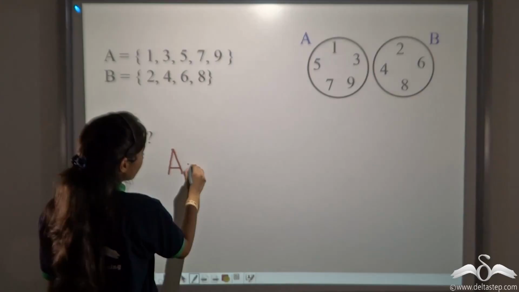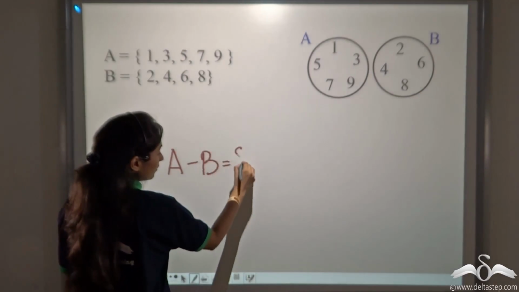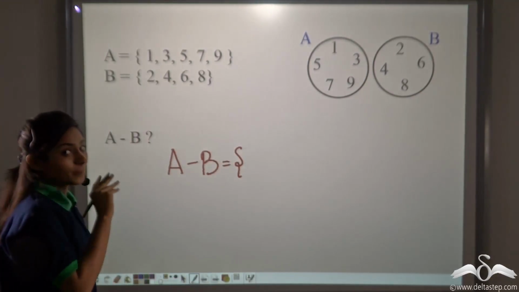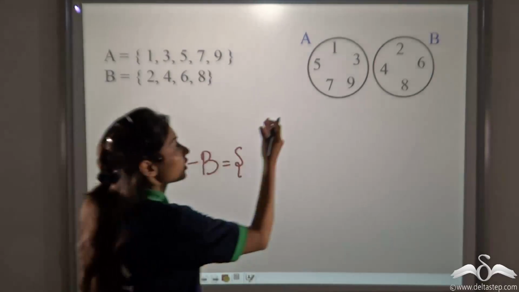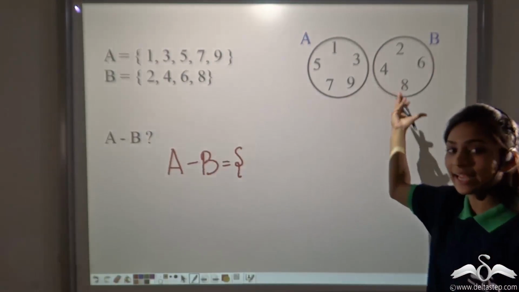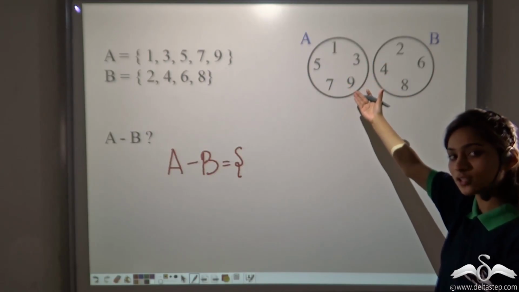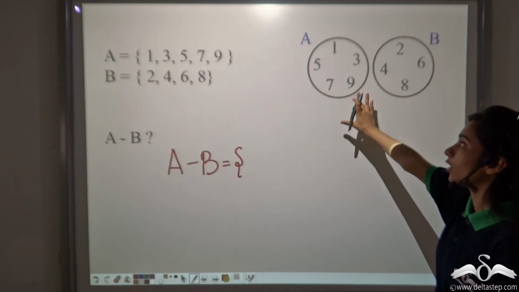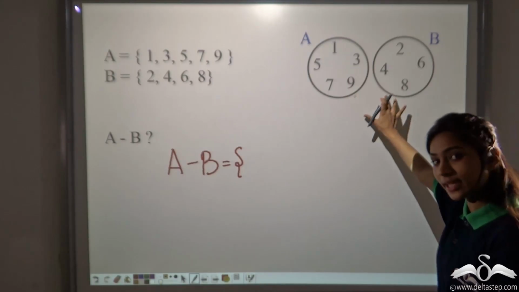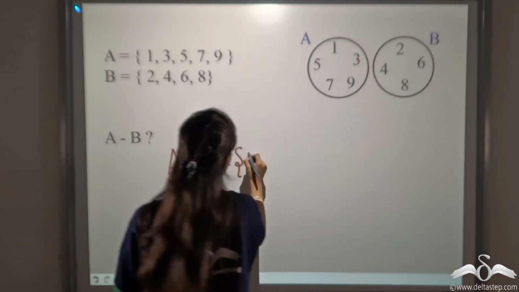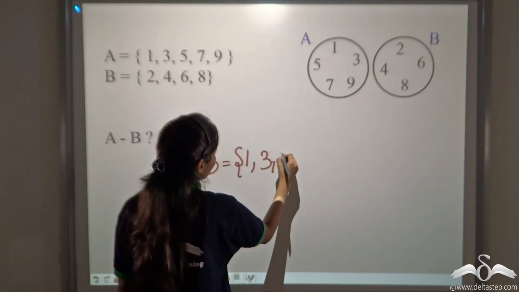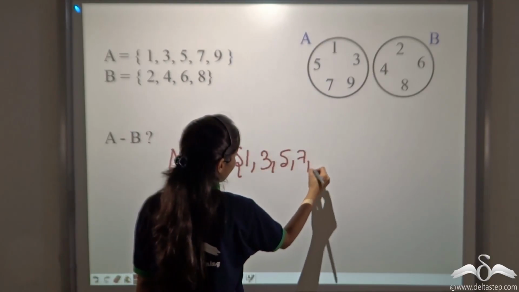Well, A minus B means the elements which belong to A but do not belong to B. In this example, we do not have any elements that belong to both set A and set B. So it is very easy for us to find out A minus B, writing all the elements of A and not the elements of B. 1, 3, 5, 7 and 9.